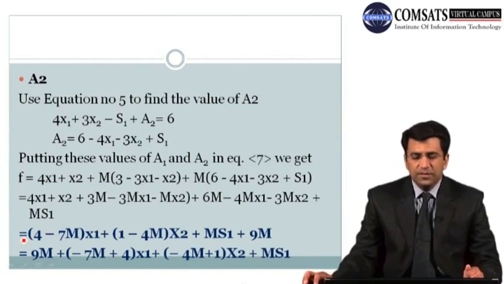So if we take common x1 from the two different values, it will become (4 minus 7M) into x1 plus within bracket (1 minus 4M) into x2 plus Ms1 plus 9M. So we have rearranged all of these values to have our objective function in this particular format. And now this is our new formulated objective function.